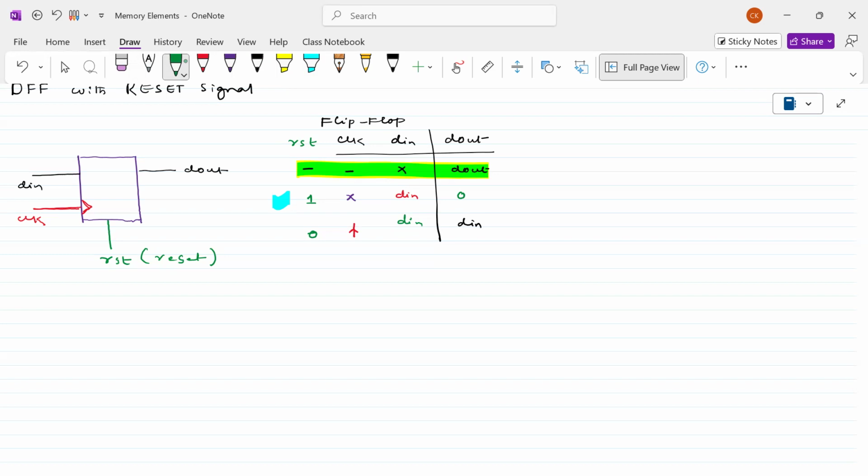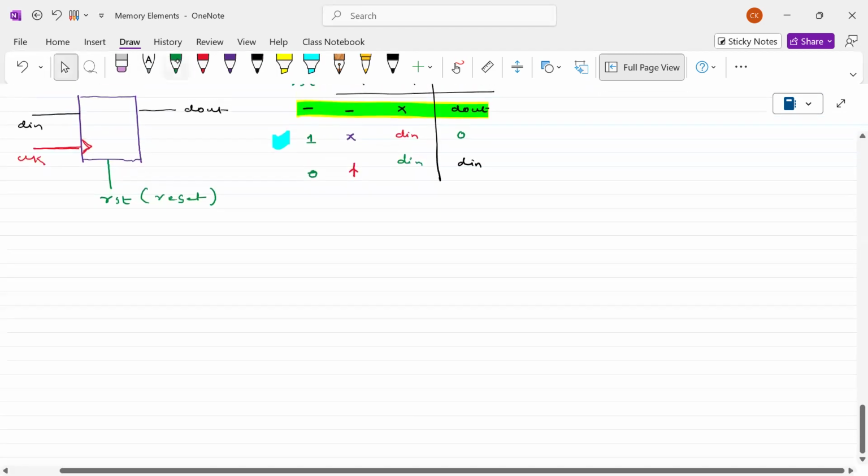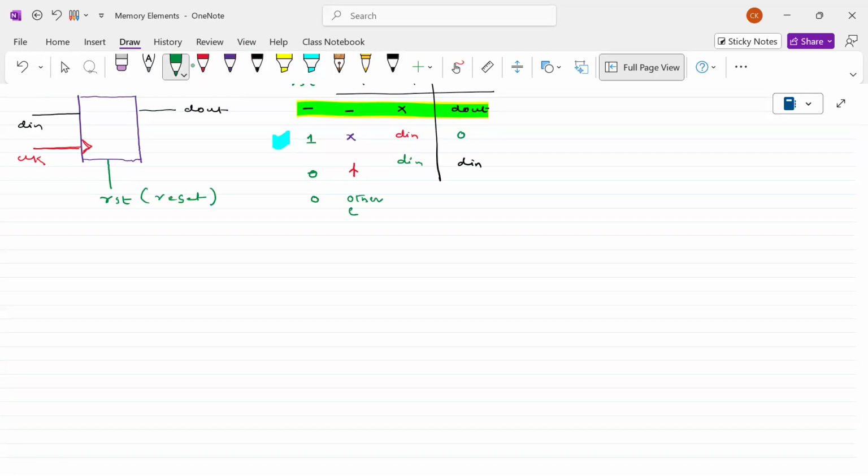Now, the last case is RST is 0 for all other cases of the clock. For other cases of the clock, whatever the DN is, we don't bother about it. It should be the previous value.